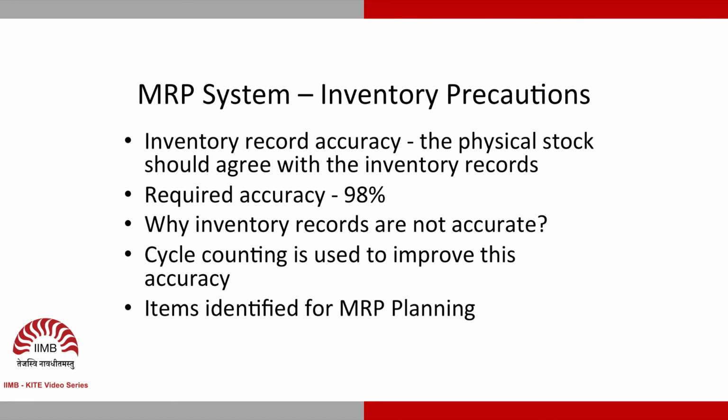So, the items which are not included in MRP planning system are managed by consumption based planning. So, at the end of the day, when you are looking at the overall planning system, both types of items, meant for MRP planning as well as not meant for MRP planning, are there together, but the MRP logic is used only for the former, and the rest of the items are kept out of MRP logic.